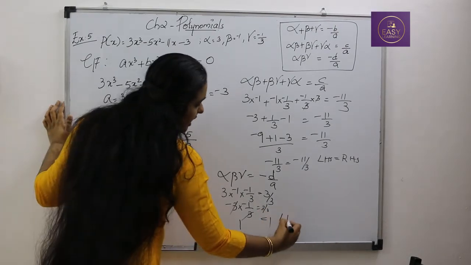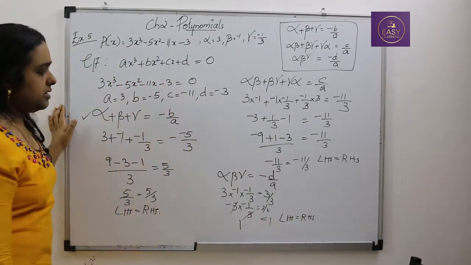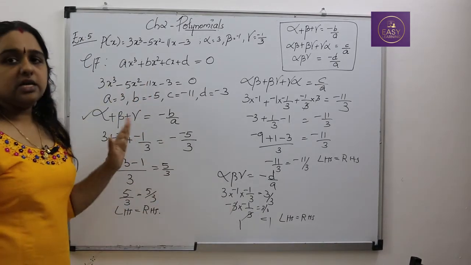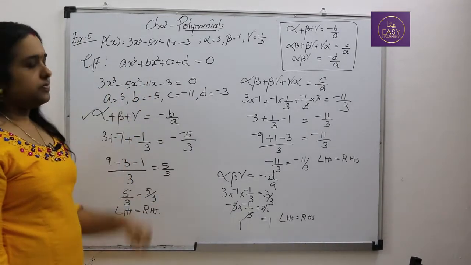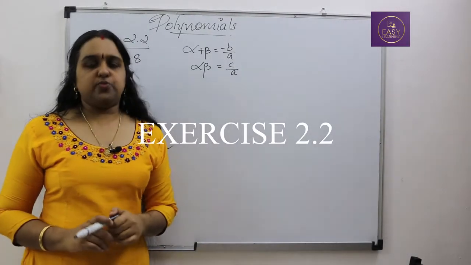That is LHS equals RHS, hence verified. Okay, this is how you have to solve this question. Clear?